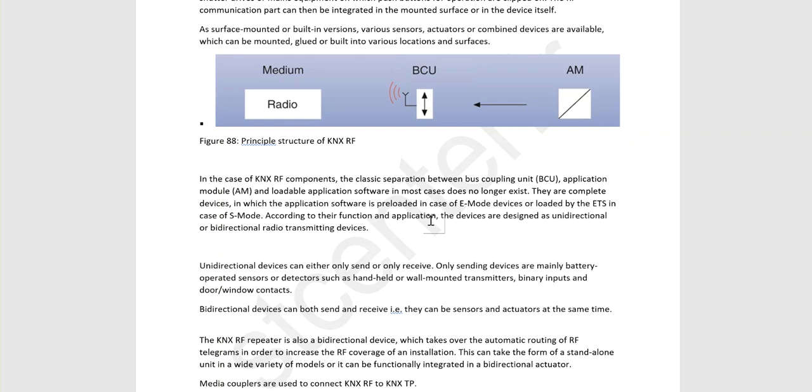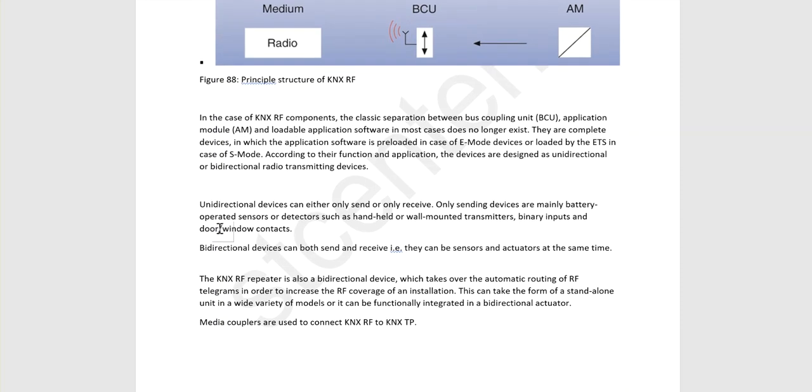According to their function and application, the devices are designed as a unidirectional or bidirectional radio transmission. So it is a one-way or two-way transmission. Only send or send and receive data. Unidirectional devices can either only send or only receive. Only sending devices are mainly battery-operated sensors or detectors such as handheld or wall-mounted transmitters, binary inputs, and door-window contacts.